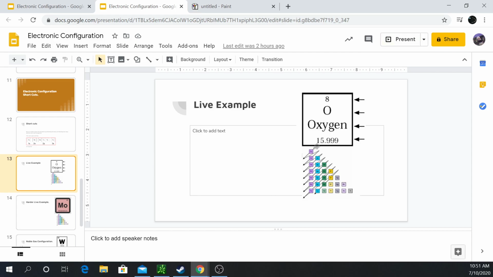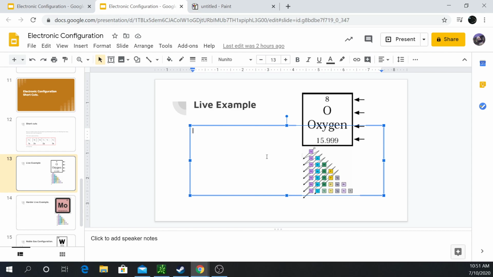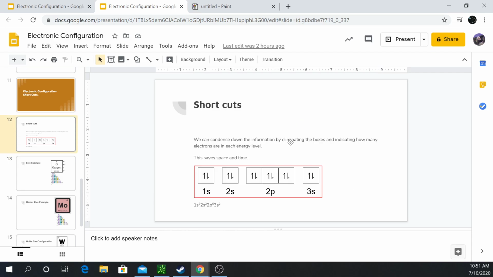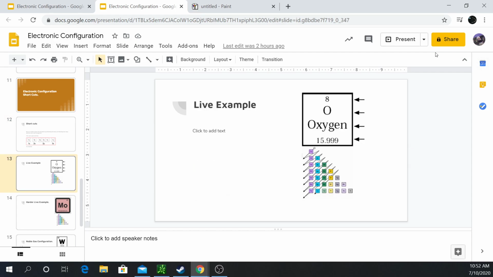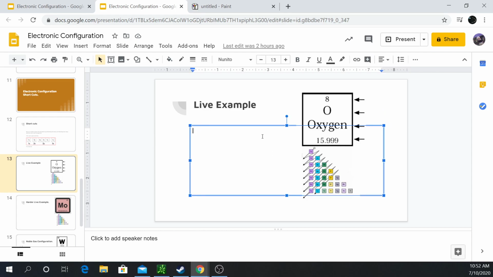Okay, so we're going to start with oxygen. And remember, we just have to count how many electrons we're going to have, and then move on from there.